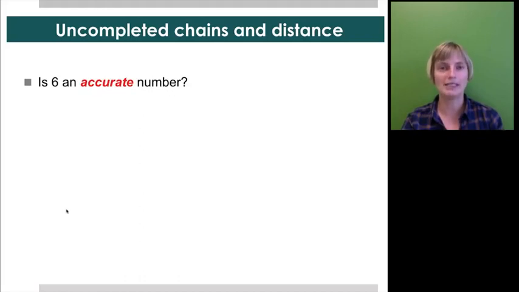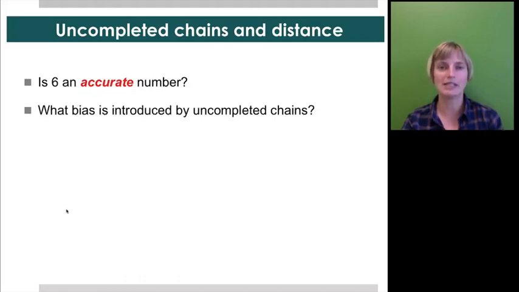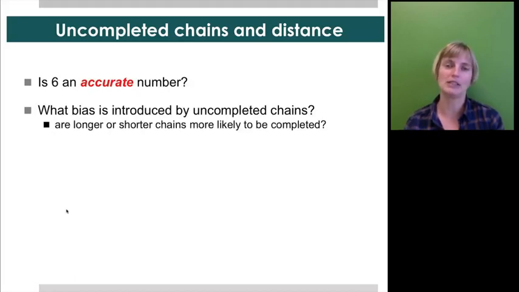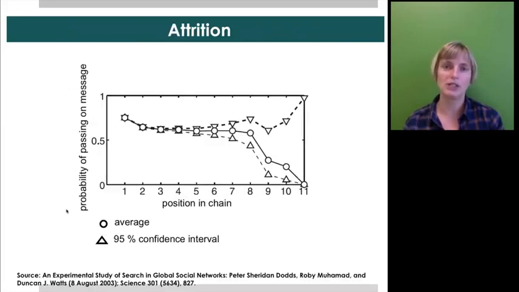One reason why this isn't necessarily an accurate number is that not all the chains are completed. And the question is, are shorter chains more likely to be completed than longer ones? One consideration is, what is the attrition rate? And also, is that attrition rate uniform with respect to whether that person is the next one in the chain from the starting person? They might approach it with greater enthusiasm because they were recruited.